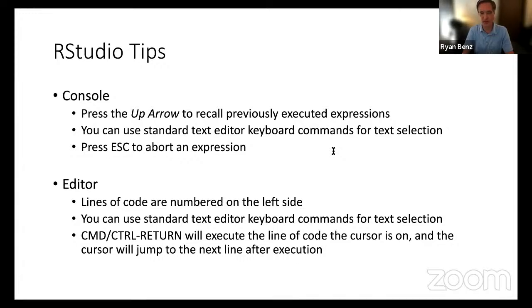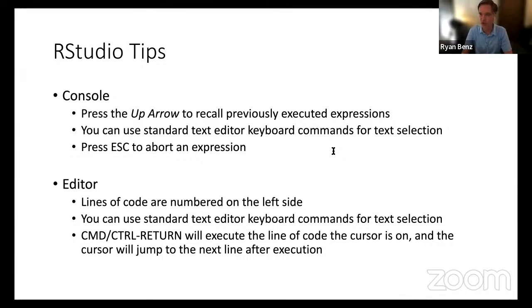If you ever get into problems in the console, and I'll show you some examples of when that happens, press escape to abort an expression. It gets you out of some troublesome situations. We'll be looking at one of those in one of the examples, but just know if things are working really weird in the console, press escape to get out of there. In the editor, you can see that the lines are numbered on the left side, so you can keep track of what you're working on.